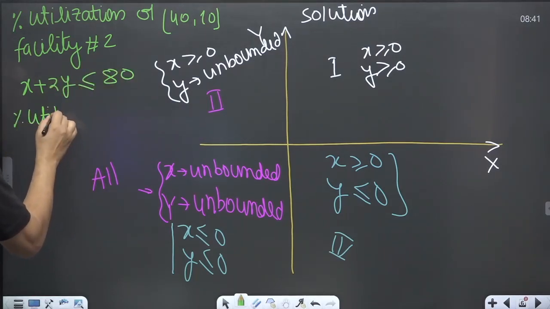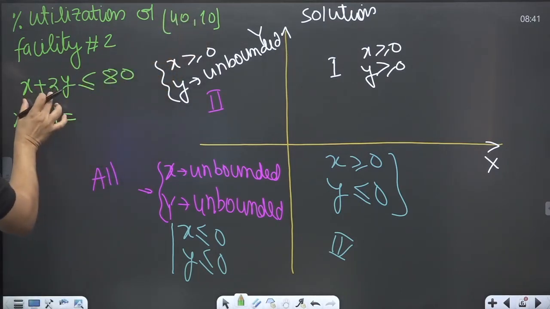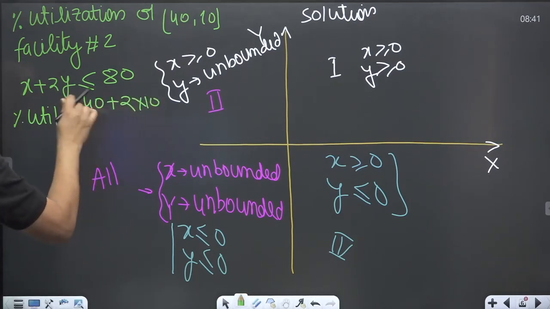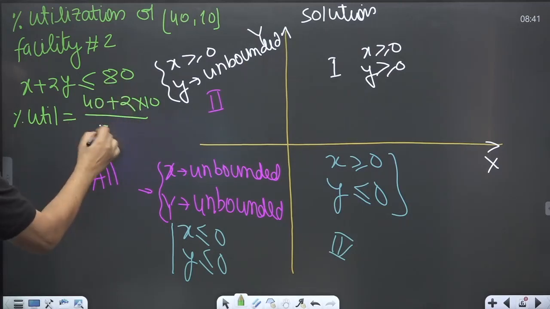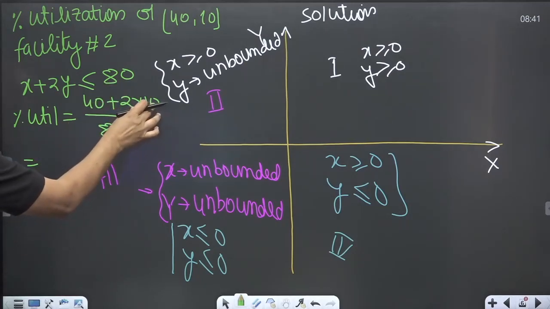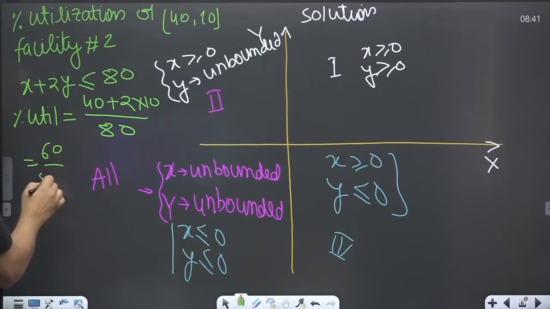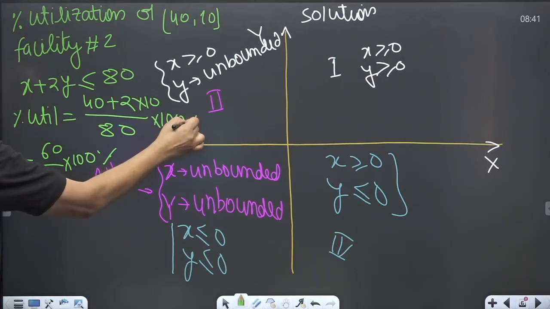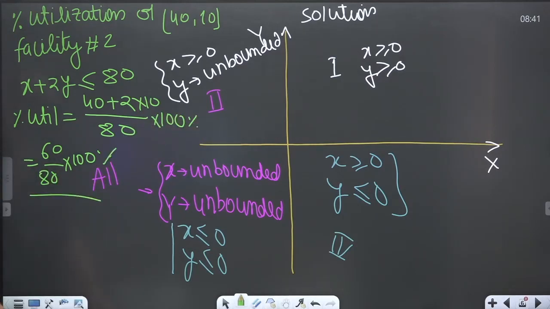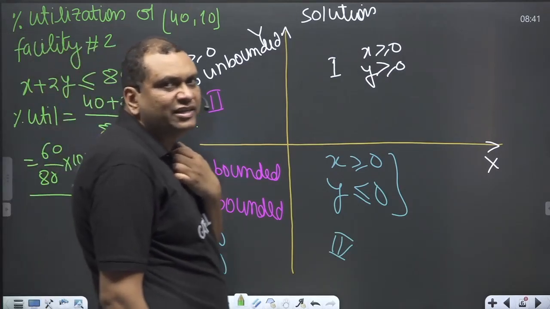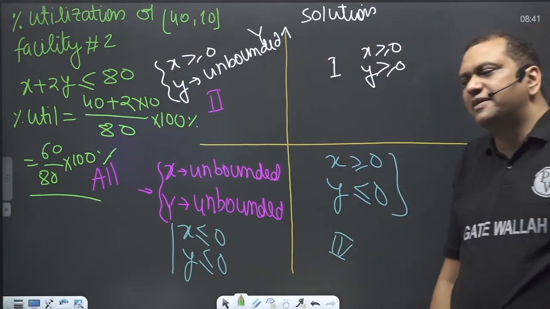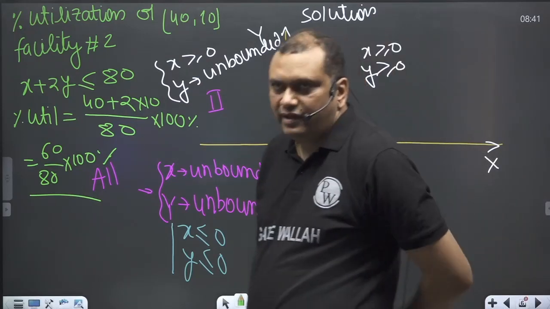So percentage utilization is, put the value of (40, 10) here. So 40 plus 2 into 10. This is the facility we are using. Available capacity is 80. 20 plus 40, 60 divided by 80 into 100. That is the way we calculate percentage utilization of any facility.